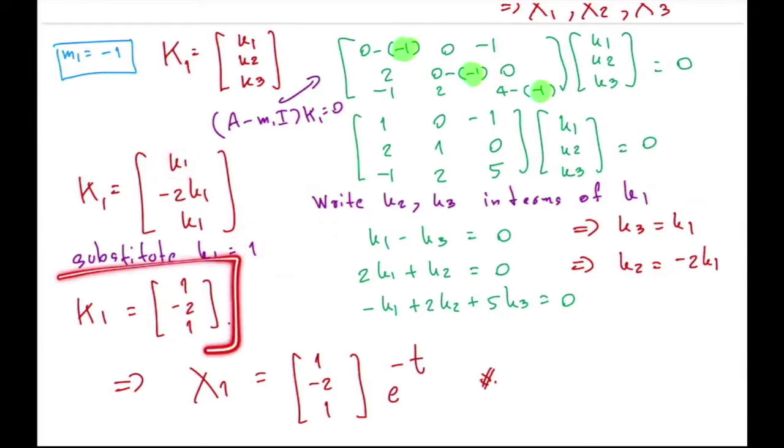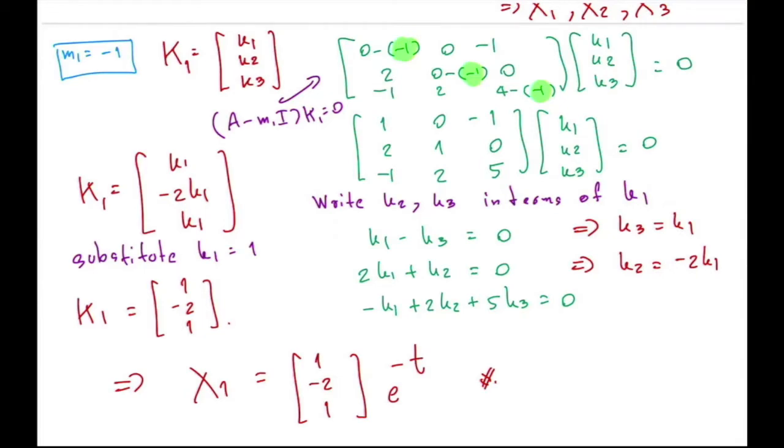You could substitute k1 with 2 if you want, it's up to you, but it's easiest to use 1. And then the first solution x1 would be K1 e to the m1 t.